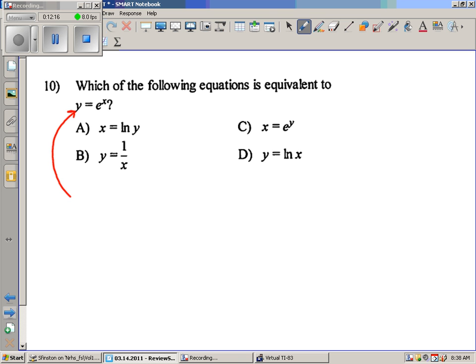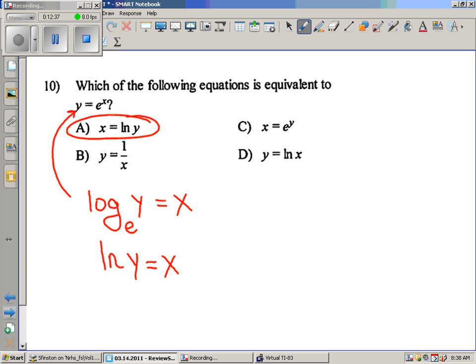This would be log with a base of e, and the result is y equals x. And log e, that's the same thing as ln. So it's really the ln of y equals x. Be very careful. They were just trying to be tricky.